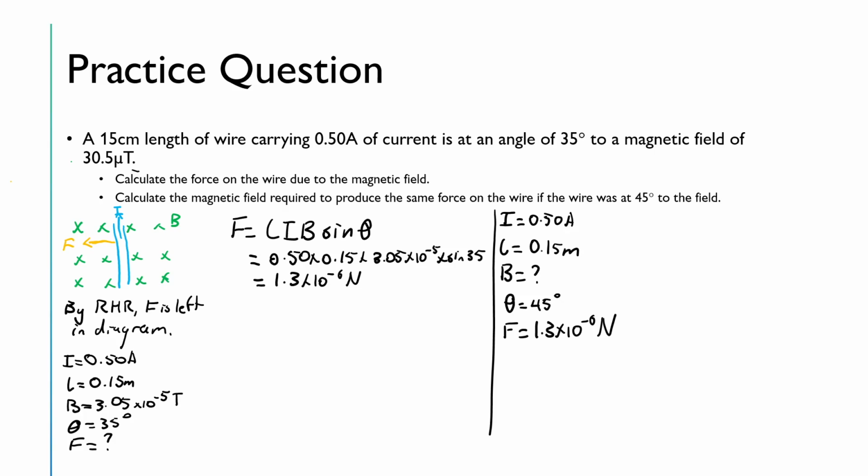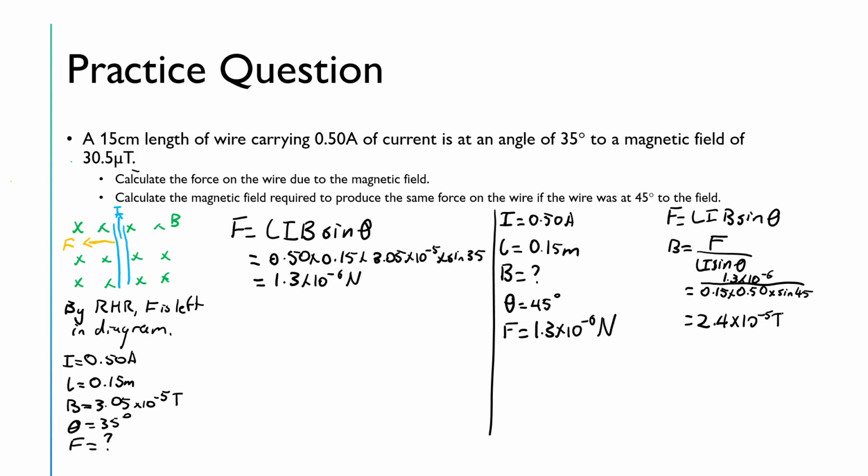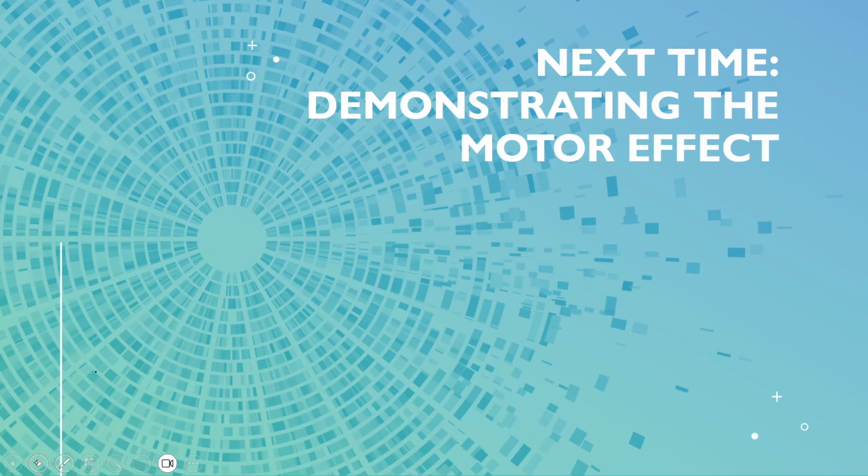In order to calculate for it, we're just going to have to rearrange our core formula to make B the subject and then substitute in. And our final answer there is 2.4 times 10 to the negative 5 Tesla, and that's correct to two significant figures. Thank you very much, everyone.